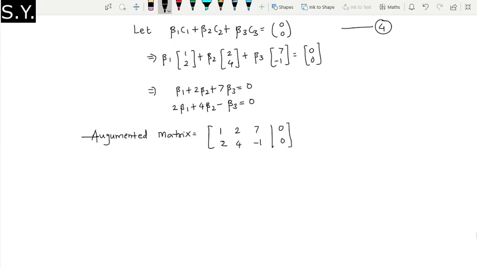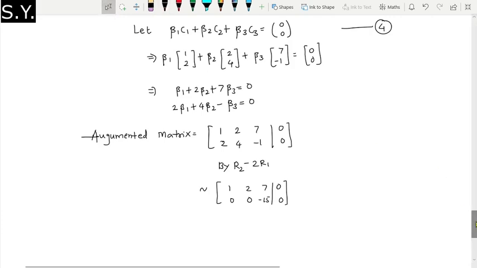Now by R2 minus twice R1, this will be equivalent to 1, 2, 7, this is 0, this is going to be 0, this is going to be 0. What about this? Minus 15, this is 0. So now which is in echelon form, so therefore we got the rank.